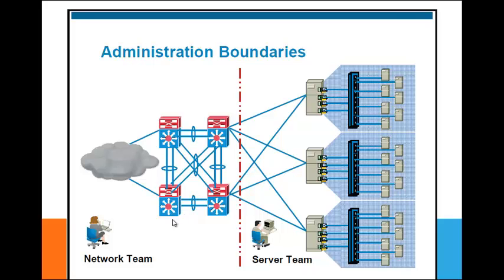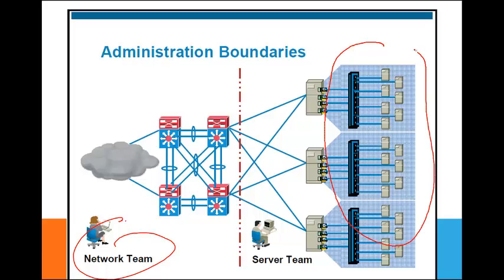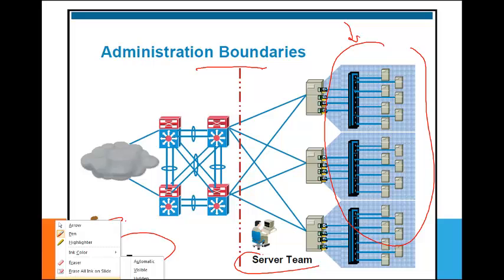So there is an administrative boundary. The network team cannot see what is behind the hardware. Only the server team needs to take care of all this network related configuration in a virtual environment. This was the barrier, this was the boundary.